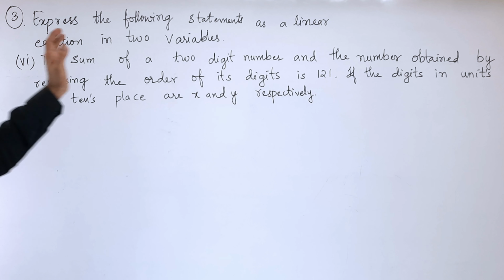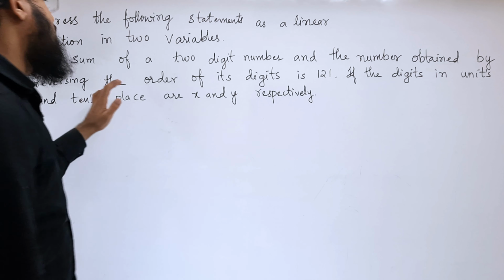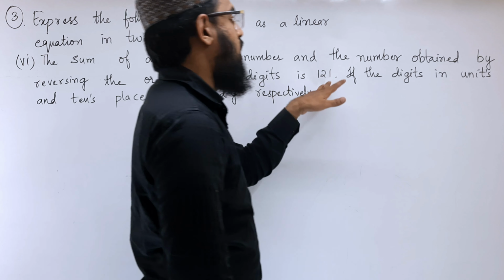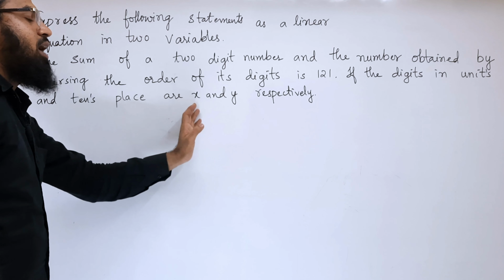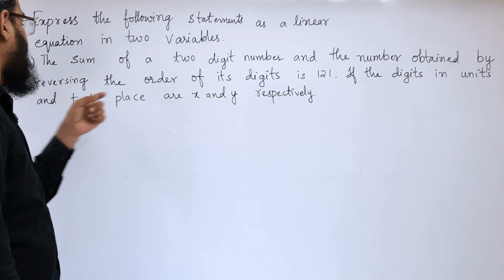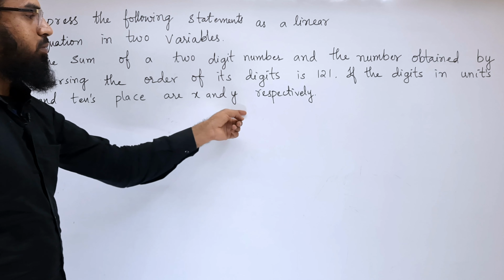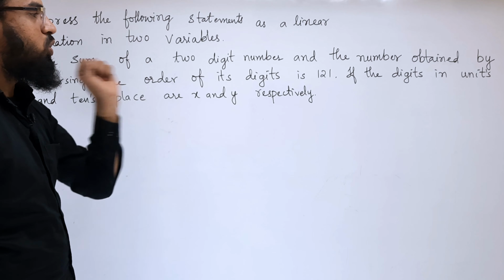Sixth bit, the sum of a two-digit number and the number obtained by reversing the order of its digits is 121 if the digits in units and tens place are x and y. Digits in units place is x and tens place is y. So we have to write this in equation form.